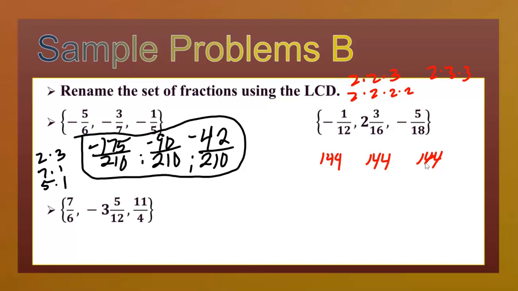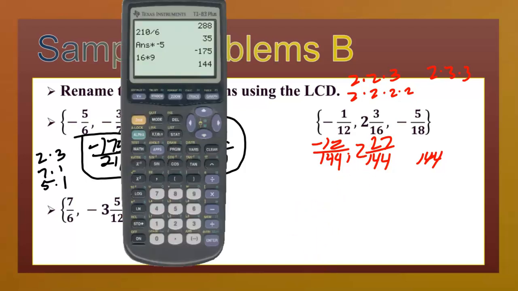And 12 times 12 is 144. So 12 times negative 1 is negative 12. Here we're going to have a 2 in front. And then we have to think, okay, 16 times 9 gives us 144. So 3 times 9 is 27. For 18 and 144, I believe that would be multiplying it by, wouldn't be 6, so let's check that out.